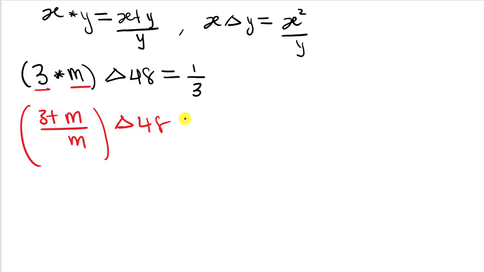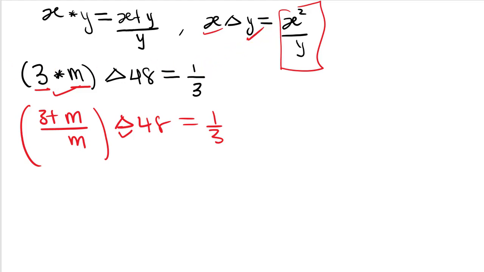Triangle 48 being equal to 1 over 3. Now we are done simplifying this. That is why we are having this bracket. But if you look at the other operation, the triangle operation, the definition is what you are having here. It says x squared over y. So whatever you are having before the operation is your x, and whatever you are having after the operation is your y.